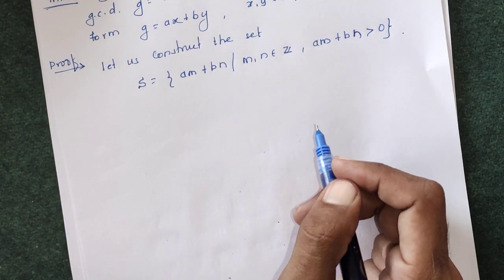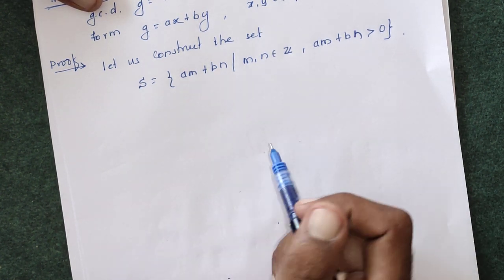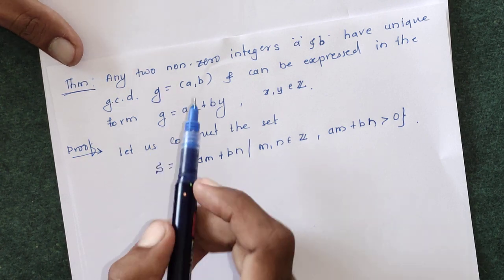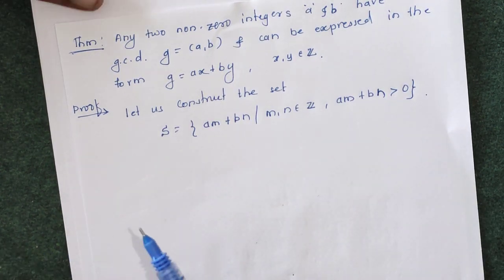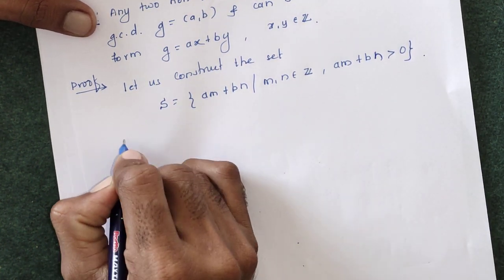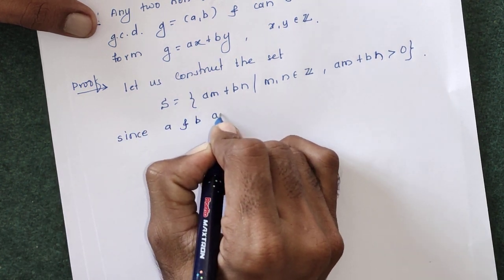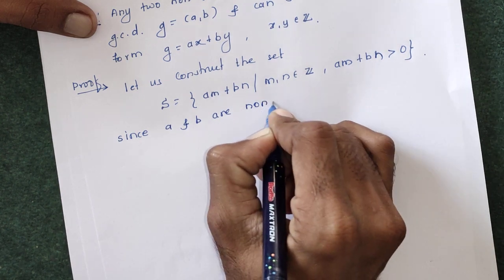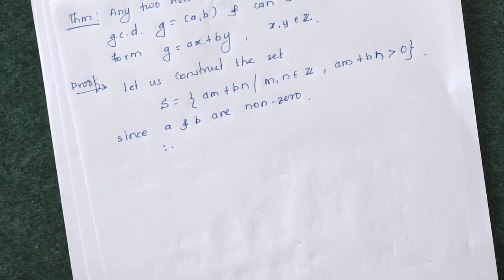Now to show this set is non-empty, we have to prove there is some element in this set. We are given a and b are non-zero integers, that is, a and b are either negative or positive. Since a and b are non-zero, a is either negative or positive, and b is again negative or positive.